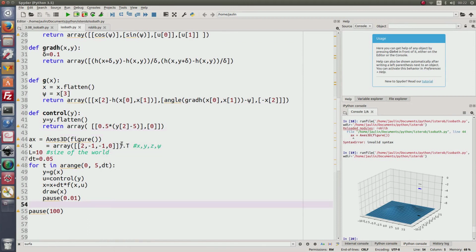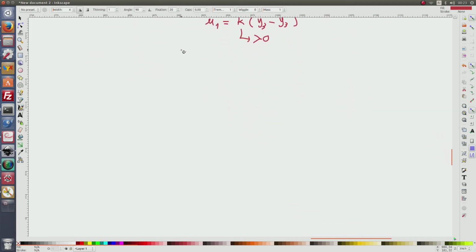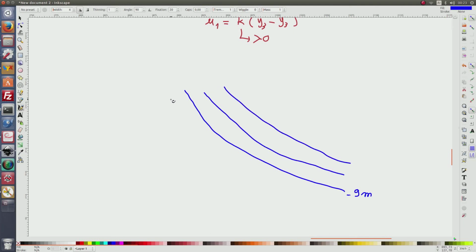Okay. Now we have to tune u2, corresponding to the heading control, where we have to follow an isobath. I consider first some isobaths. The first one, for instance, the one where we want to go, let's say minus 9 meters. Another one, and so on.